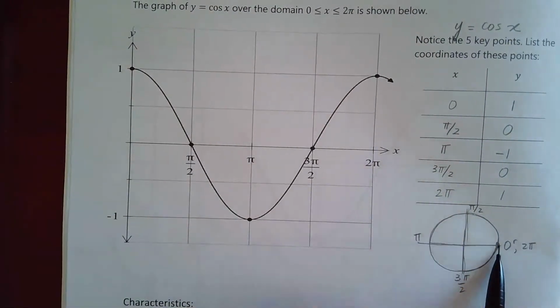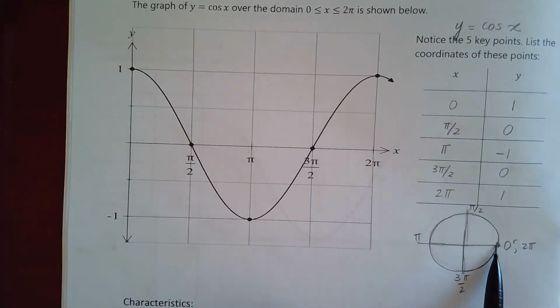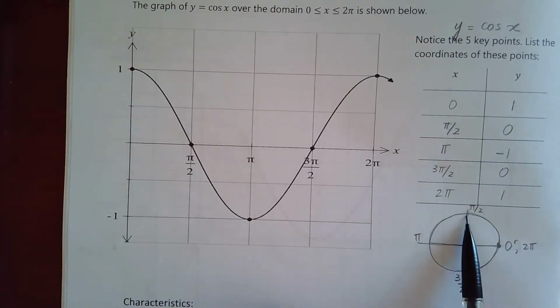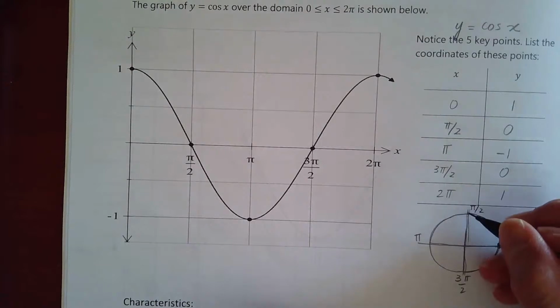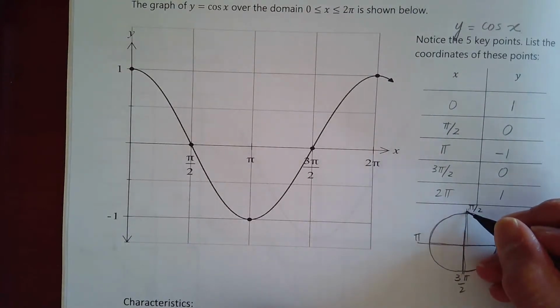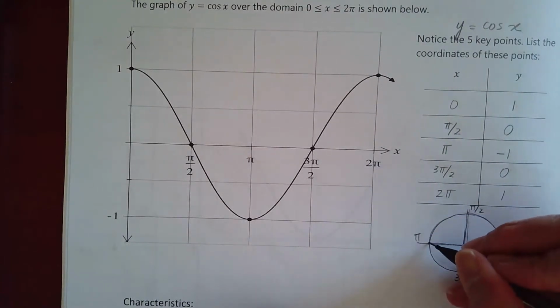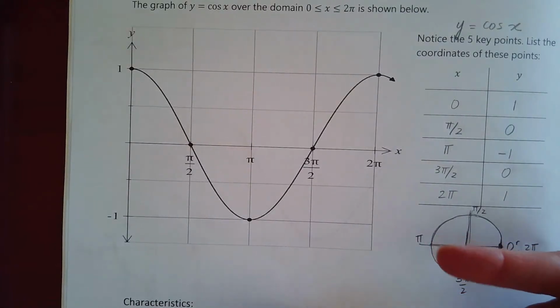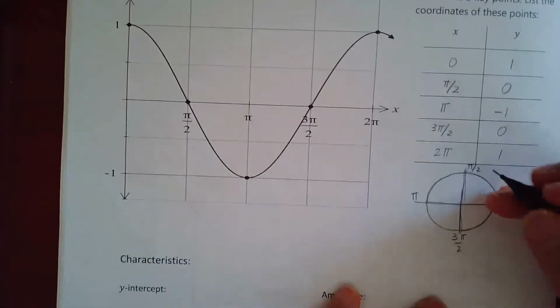So from here, this is my 0 degrees, this is 0 radians rather. So at 0 radians, I'm at x equals 1. Here at pi halves, my x is 0 because this is going to be (0, 1). At pi radians, I'm on the left side, so it's -1.